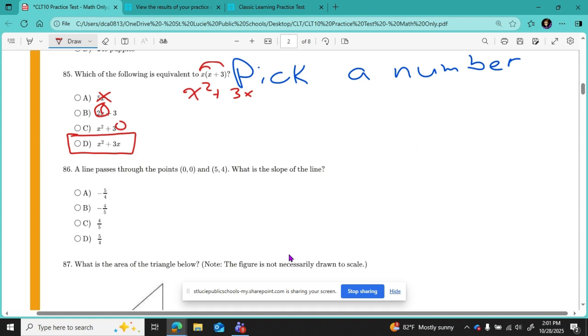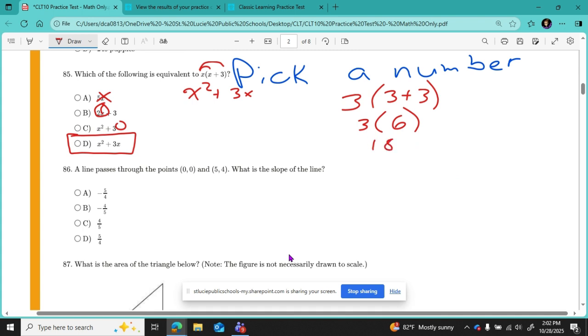So if I say that x is, let's try an easy number, 3. 3 times (3 plus 3). I know that order of operations says parentheses first. 3 plus 3 is 6. 3 times 6 is 18.